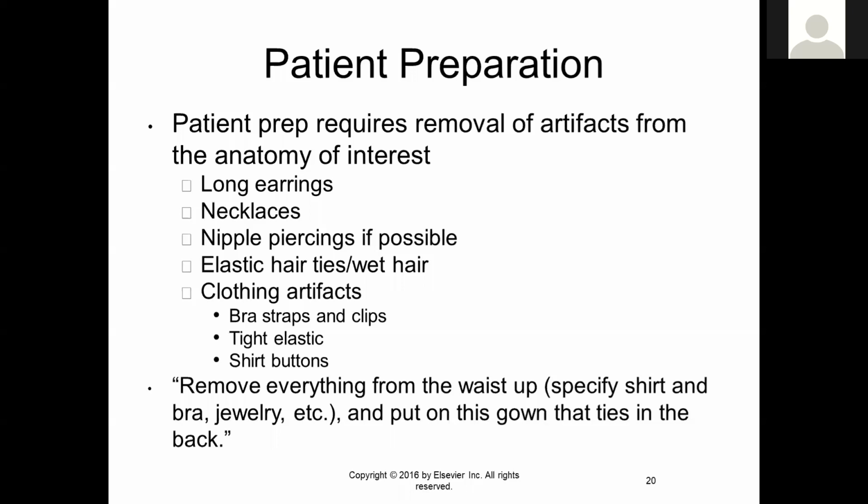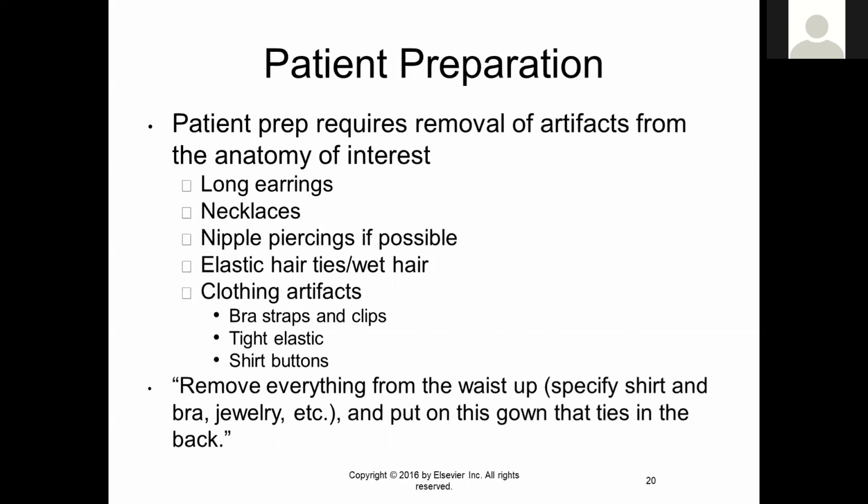Patient preparation. We're going to remove artifacts that could interfere with viewing the anatomy of interest. This includes objects such as earrings that hang down below the shoulder, necklaces, jewelry such as nipple piercings, hair ties. Wet hair will show up on an x-ray because it's denser than dry hair.